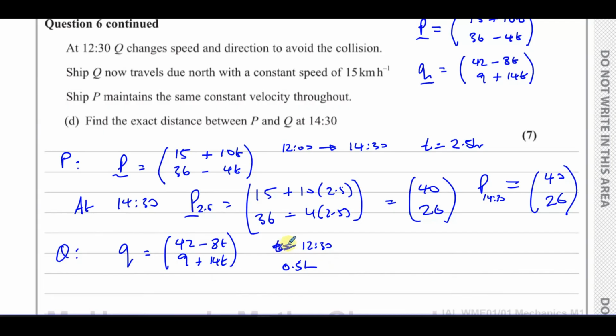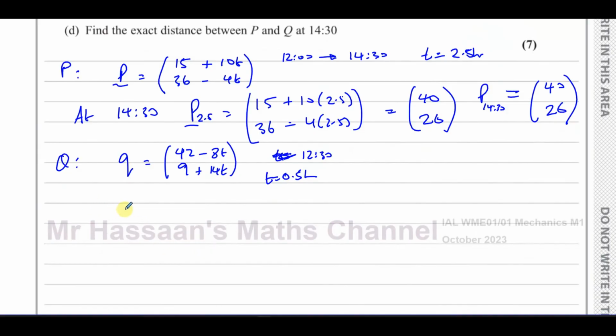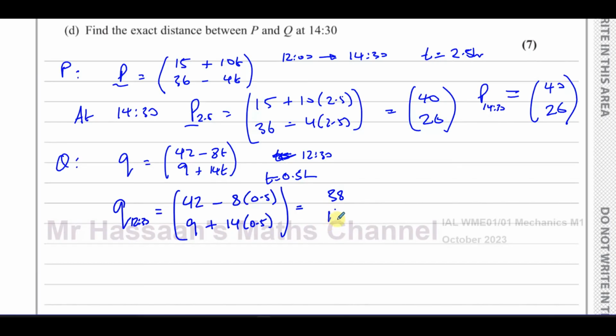So T equals 0.5 hours. It's going to go along this course. So we can say Q at the time 12:30 is going to be 42 minus 8 times 0.5 i, and 9 plus 14 times 0.5 j. So that's going to be 42 minus 4, which is 38, and 9 plus 7, which is 16.